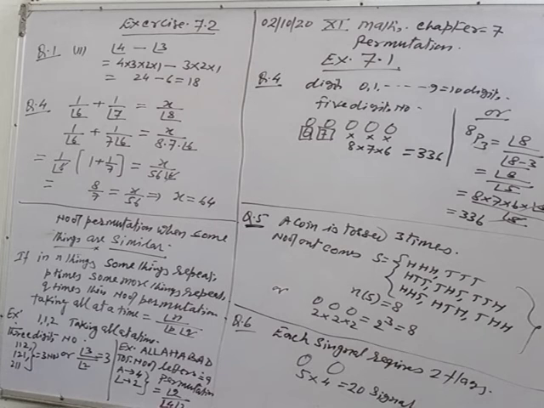One more example you can see here, the word is Allahabad. In this word the total number of letters is 9. Now write the repeated letters. In Allahabad, the letter A repeats 4 times, the letter L repeats 2 times.